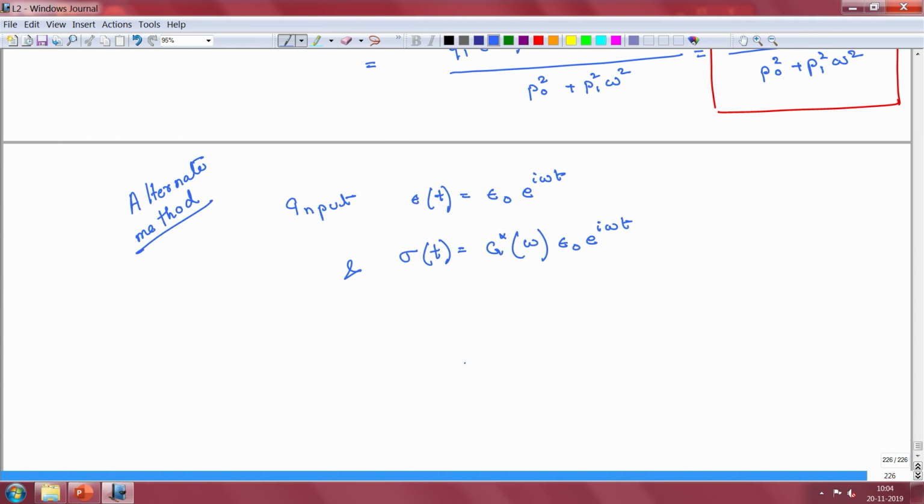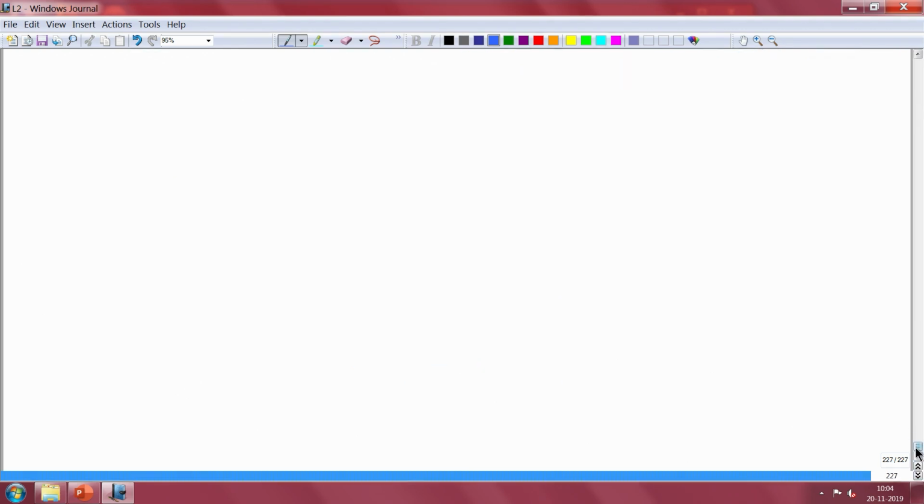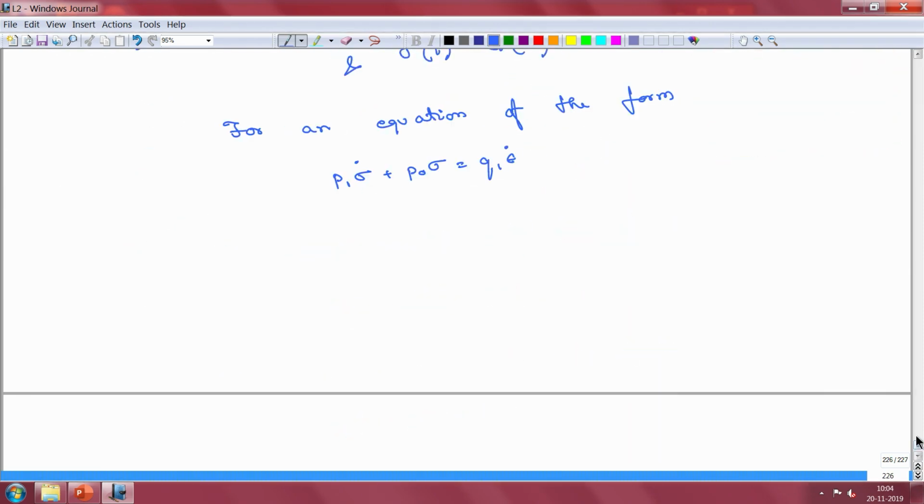Right. So, if you consider back the equation of that form that we had taken, P 1 sigma dot plus P 0 sigma equal to Q 1 epsilon dot. In this kind of a case, since you know the functional forms, you can just go ahead and replace sigma t and epsilon t. These are the derivatives.